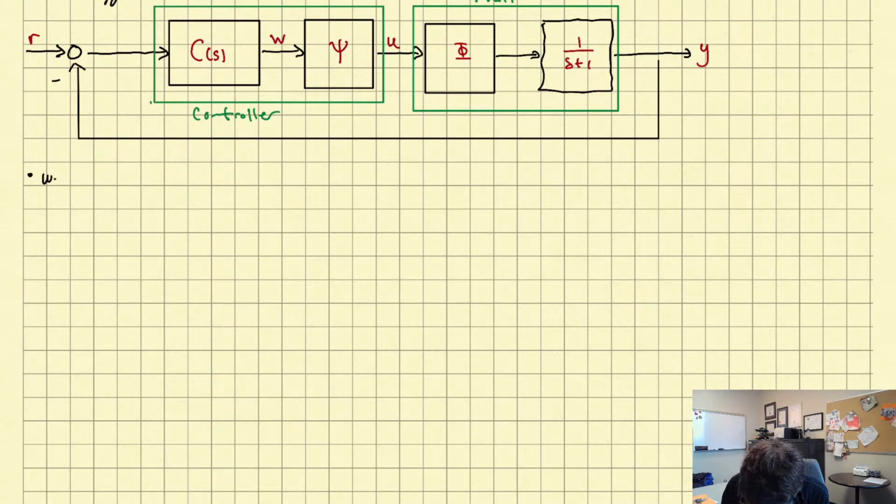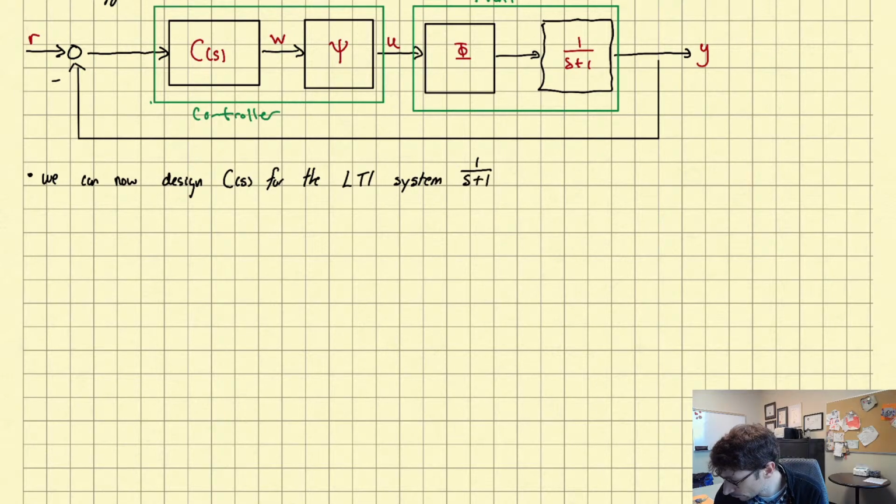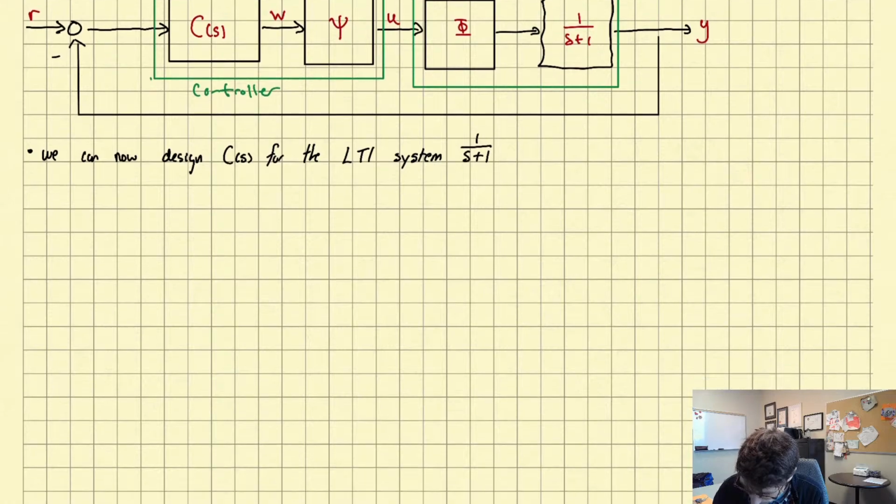So we can now design C of S for the LTI system 1 over S plus 1, and then implement the overall controller as above.